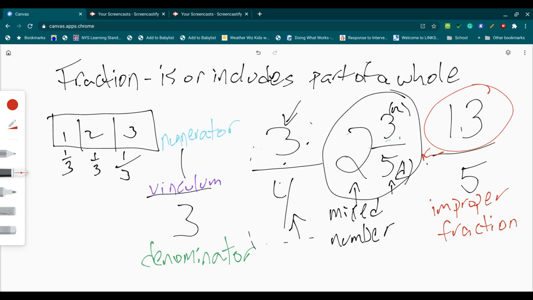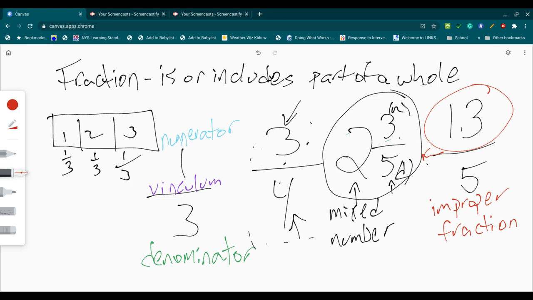This is improper because it can be reduced to a mixed number. Anytime the numerator is bigger than the denominator, it's an improper fraction that can become a mixed number. This guy over here, our standard fraction, 3/4, can never become an improper fraction without doing some more math or work to it. I hope that makes a little bit of sense.